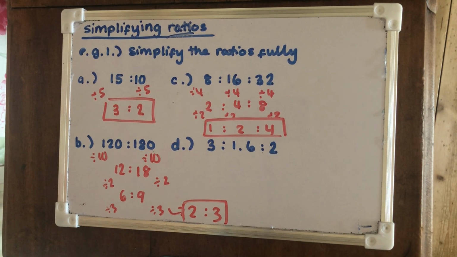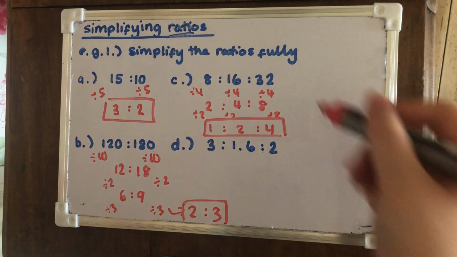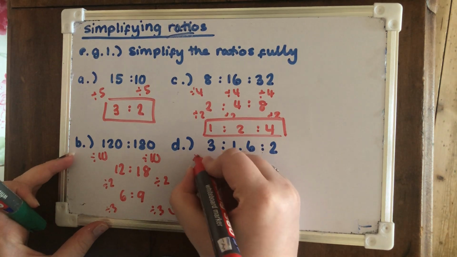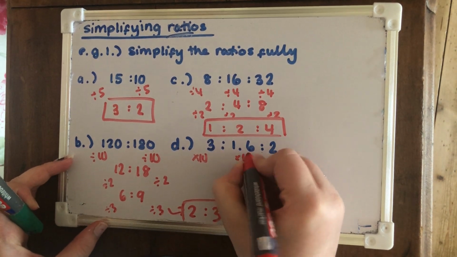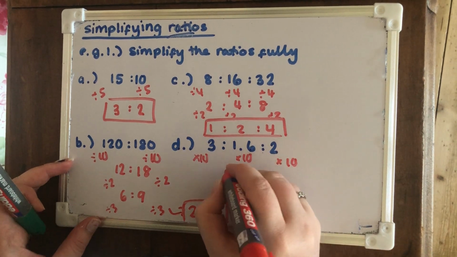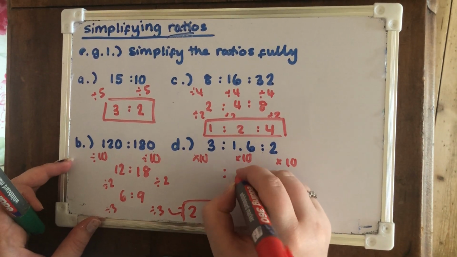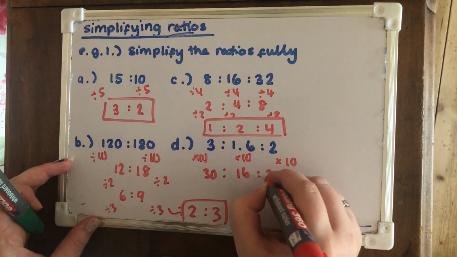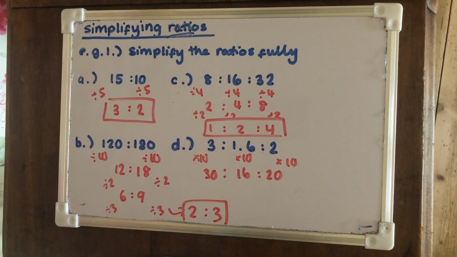Okay, the next one's a bit weird because we've got a decimal here. So actually what I'm going to start off with is trying to get rid of the decimal first. Once I've done that, I can then do a similar thing to what I did for part C. So if I multiply everything by 10, that would mean that this decimal will not be a decimal anymore, because 1.6 times 10 would give us 16, 3 times 10 is 30, 2 times 10 is 20.